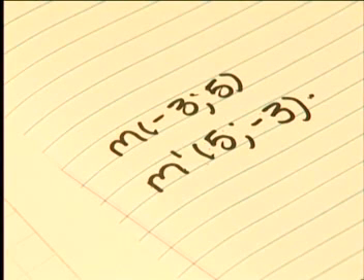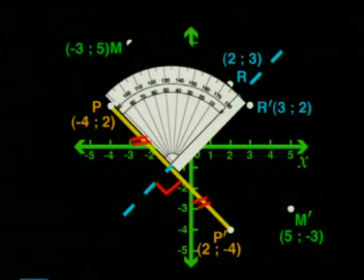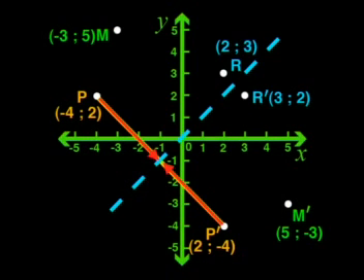So the reflection of a point A, B has the coordinates B, A. Lastly, we saw that if you join a point and its image with a line segment, then that line is perpendicular to the mirror line. Also, the point and its image are equal distances away from the mirror line.